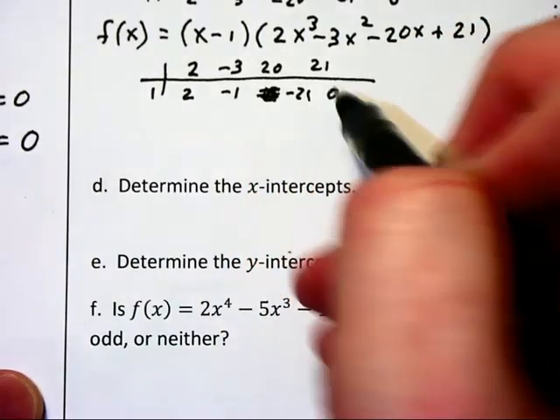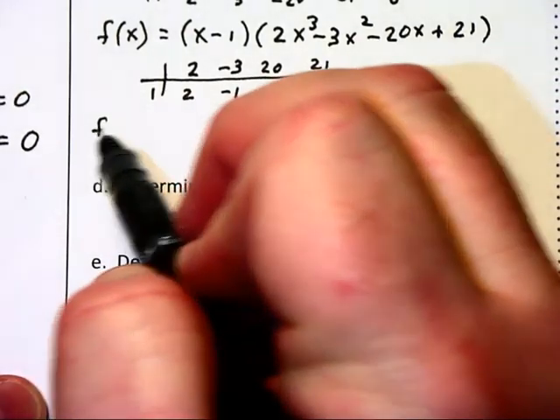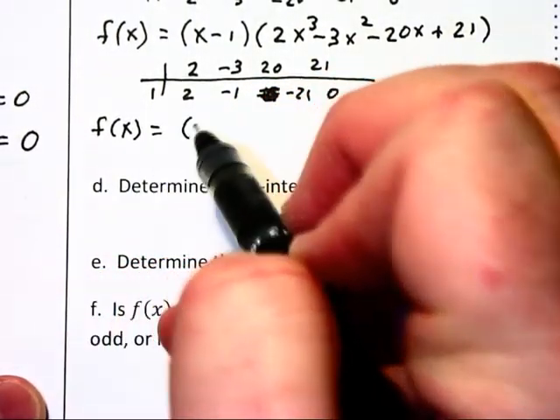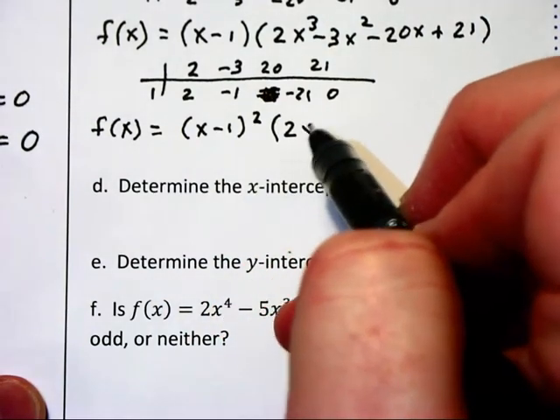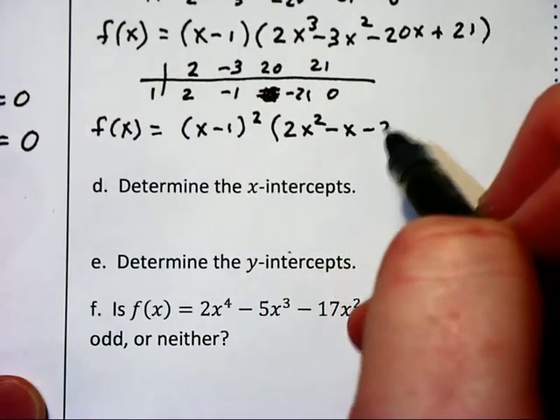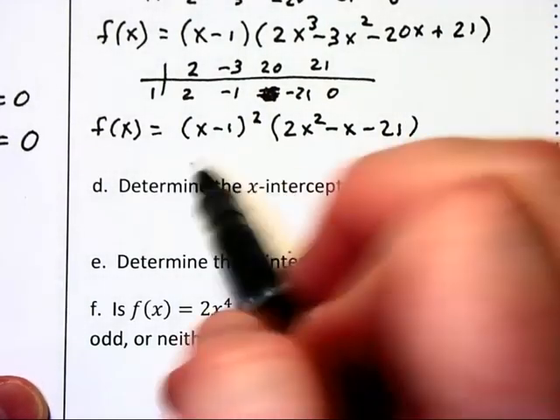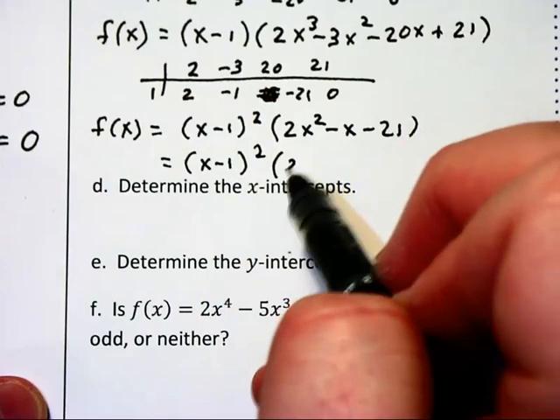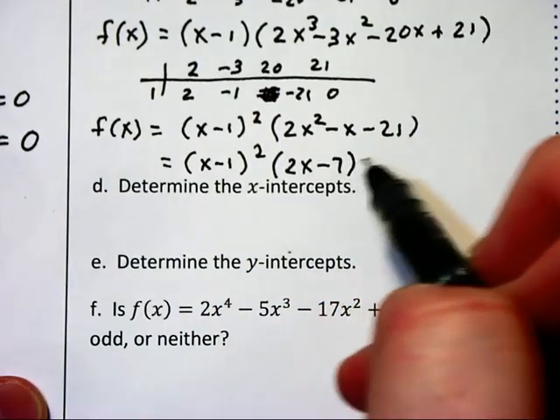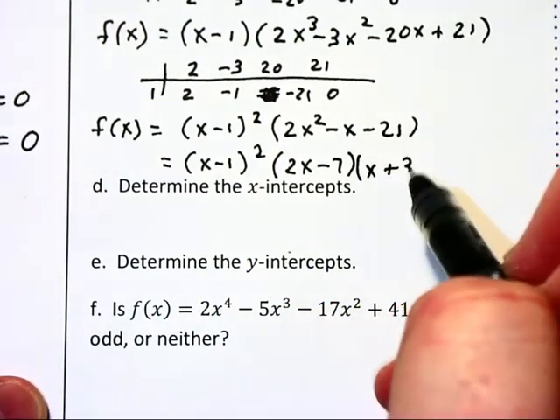And then we have 0. So now we have f of x is equal to x minus 1 squared times 2x squared minus x minus 21, and that will factor, because it's quadratic, into 2x minus 7 times x plus 3.